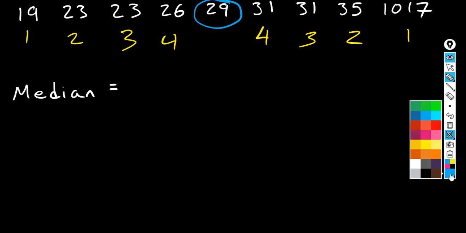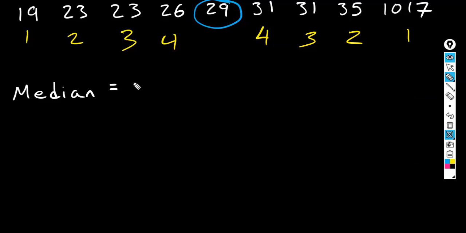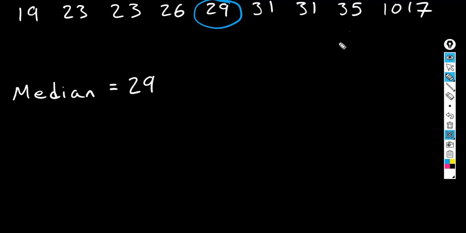That is a perfectly good way to do this. In fact, when you've got a small data set like this, it might be the easiest way. There are some other ways, but we'll talk about those in a different video. But that's it: you want to find the value in the middle.